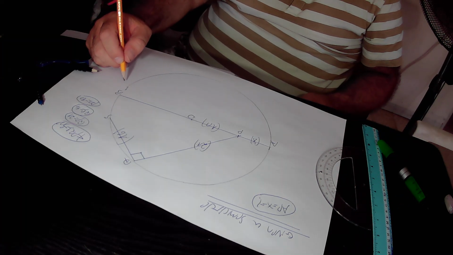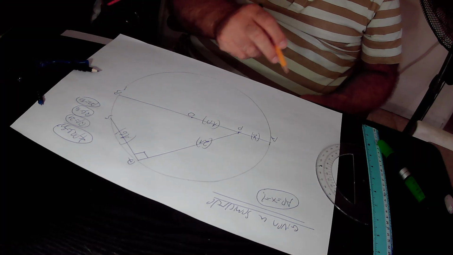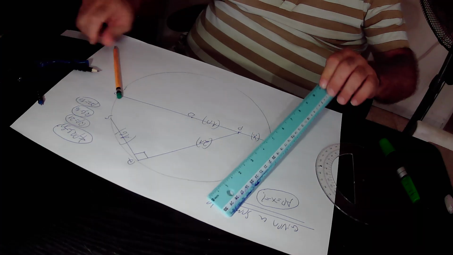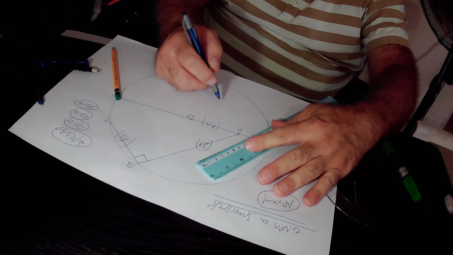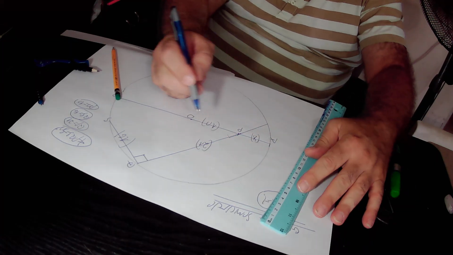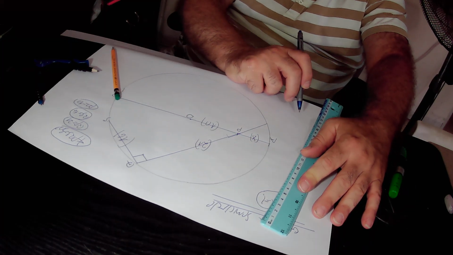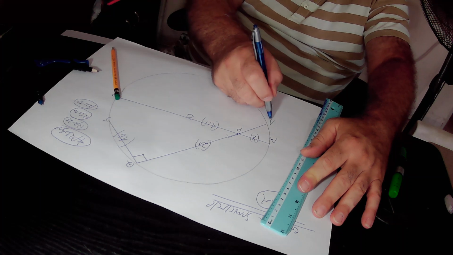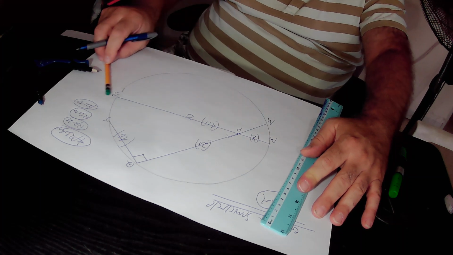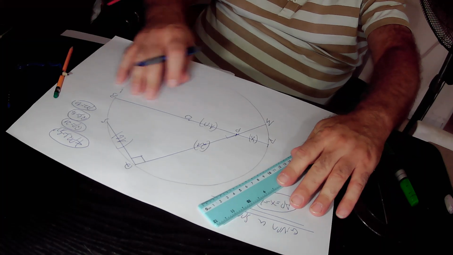And we will extend line segment QP until it touches the circle. We will define the touching point of the extended line segment QP with this circle. This point is point M. In the next step, we will join points S and M together by a straight line.